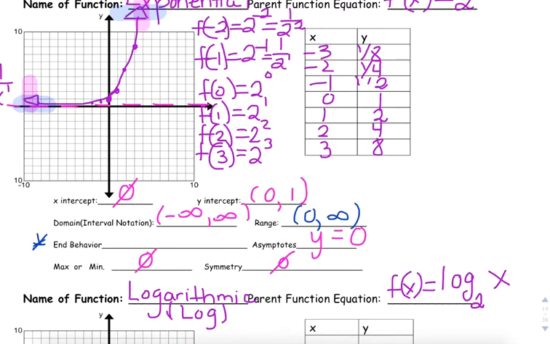Now, exponential and logarithmic functions are inverses of each other. When two functions are inverses of each other, what that means is that their inputs and outputs are reversed. So the x's become the y's and the y's become the x's.